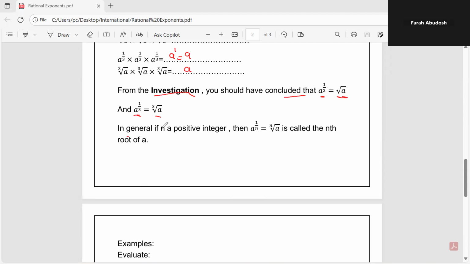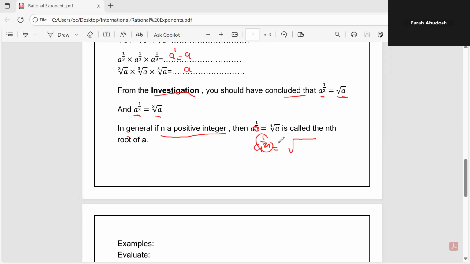So in general, if n is a positive integer, a to the power 1 over n means, when we see this formula, we replace the rational power by a root.